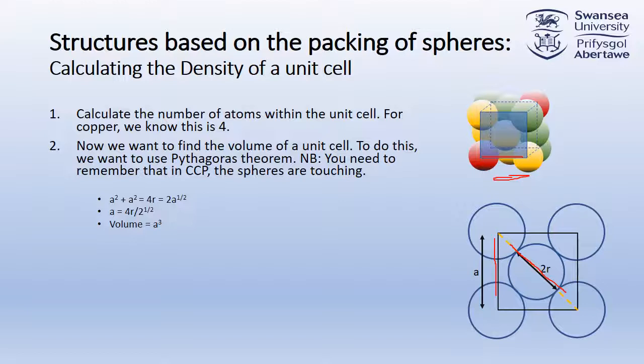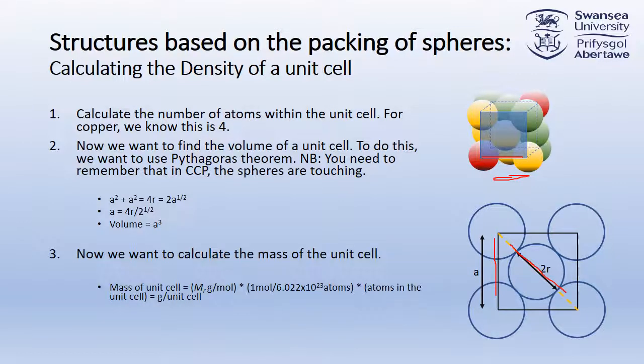And then our volume will be A cubed. So now we want to calculate the mass of our unit cell. Okay, so that's basically our molar mass times the reciprocal of Avogadro's constant times the number of atoms in the unit cell. And our result should be in grams per unit cell. And then, of course, once you've got mass and volume, you can calculate the density.